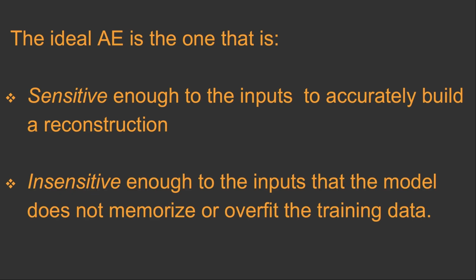It's good to keep in mind that the ideal autoencoder is the one that has the following features. It must be sensitive enough to the inputs to accurately build a reconstruction. And it also must be insensitive enough to the inputs that the model does not memorize the inputs and does not overfit the training data.